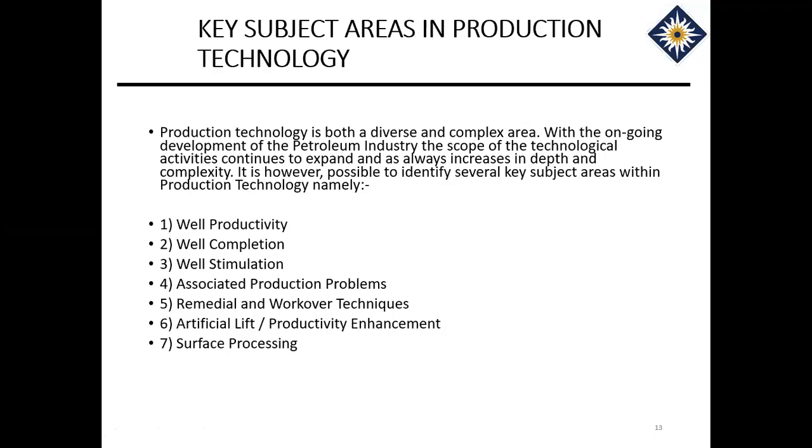Now, as a production engineer, what are their main jobs? In technical terms, they talk about well productivity, how much our well can produce, what is the capacity of a well to produce. They talk about the tubing design, what size of pipes we should use, how we can stimulate, frac, or acidize our well, what kind of problems we can face, what artificial lift methods we are going to use, and how we do the surface.